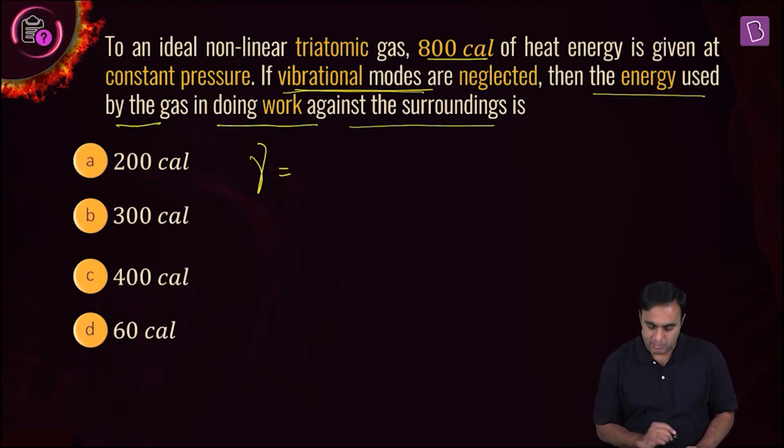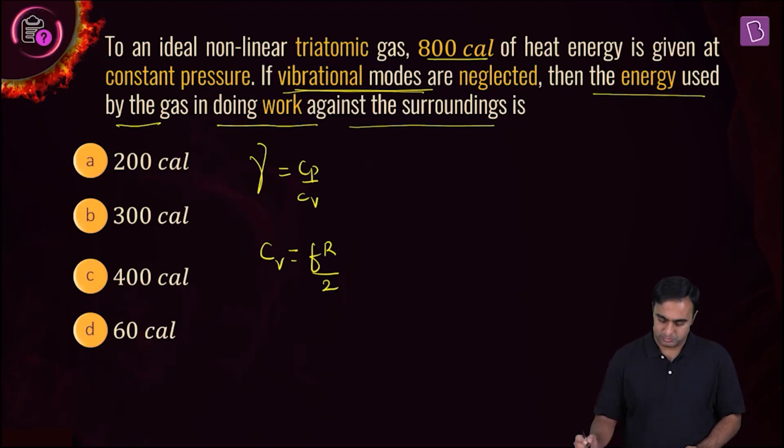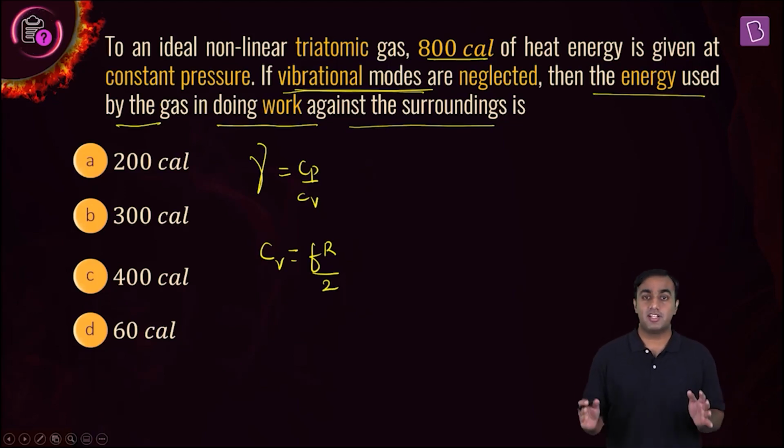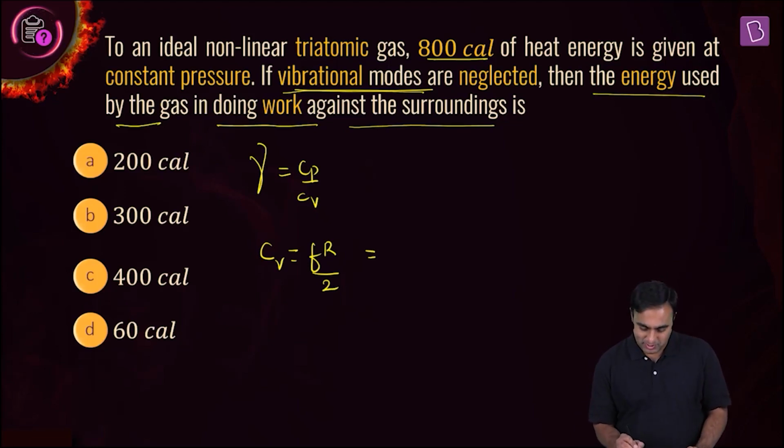For a non-linear triatomic gas, adiabatic exponent gamma can be written as Cp by Cv. What is Cv? Cv is fR by 2. f is the total degrees of freedom available. R is the universal gas constant. And in this case, it happens to be 6R by 2 or 3R.